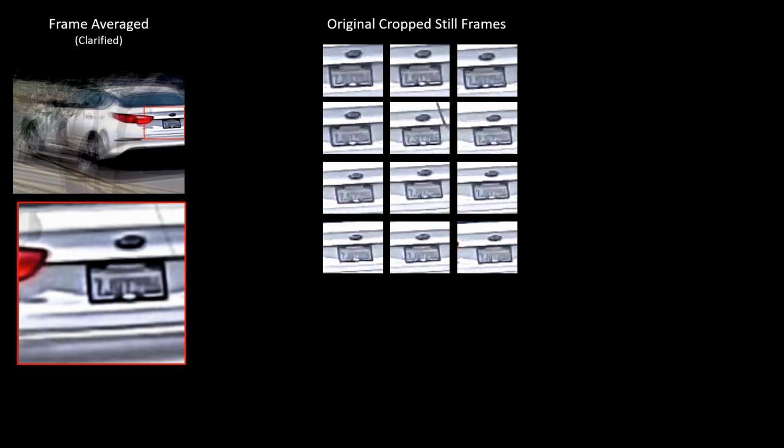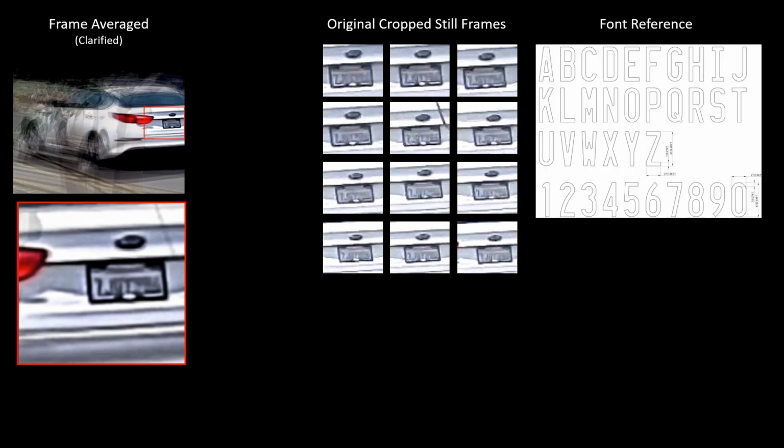Here we have another frame averaged image and a cropped and enlarged portion of that image. There are also stills that I pulled from the original video and cropped just to show the license plate.